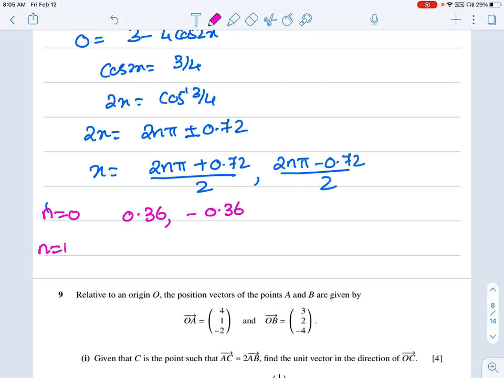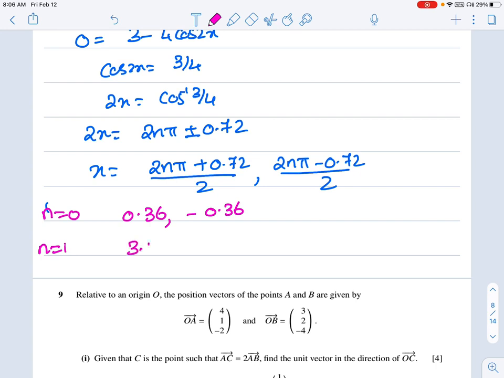So I take the calculator. 2 times 1 times 3.14, pi is 3.14, plus 0.72 divided by 2, and minus also. So you have to do it twice.